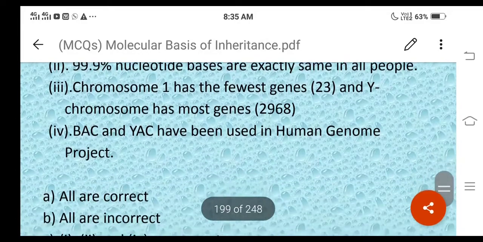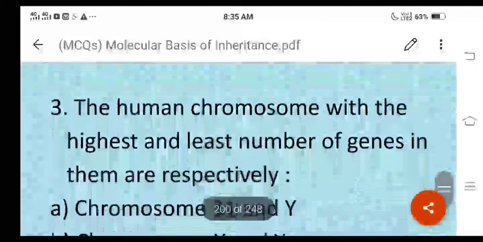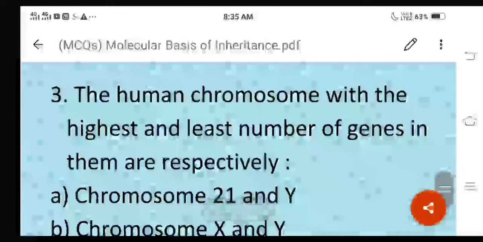Then let us move on to the next question. Question number 3: the human chromosomes with the highest and least number of genes in them are, respectively.